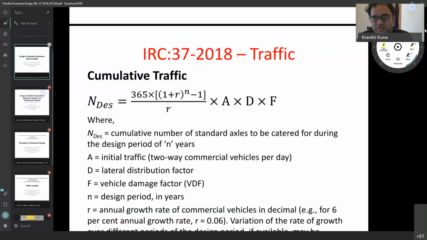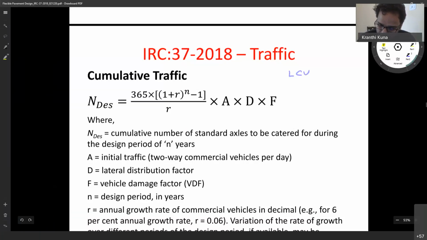So, sir, for the F value, that is vehicle damage factor, should all this calculation be done? Yes. In actual pavement design, although I explained the concept, what people do is, say we have different vehicle groups: LCVs, 2-axle trailers, 3-axle trailers.